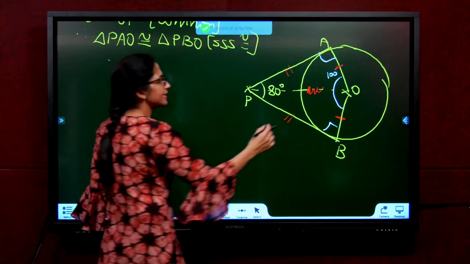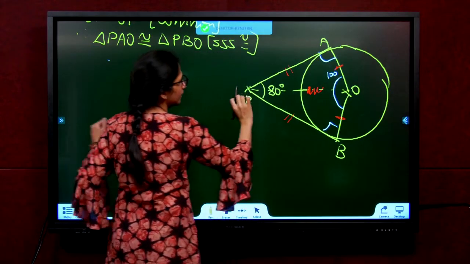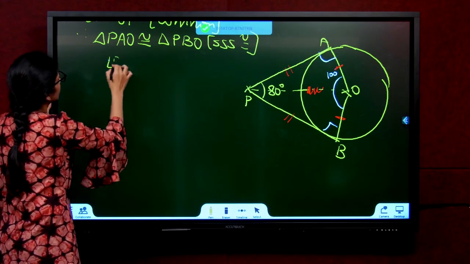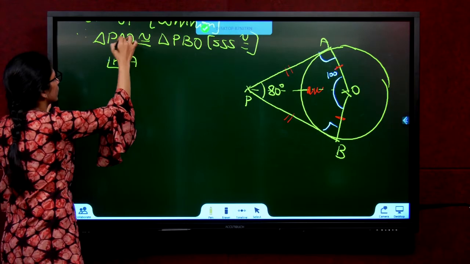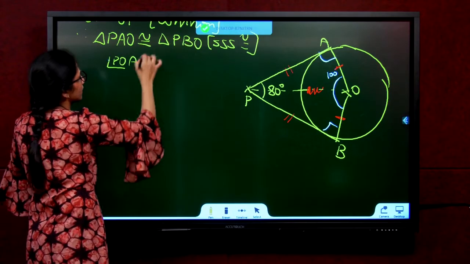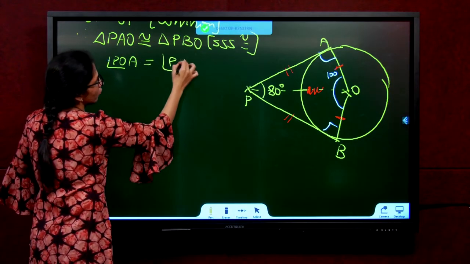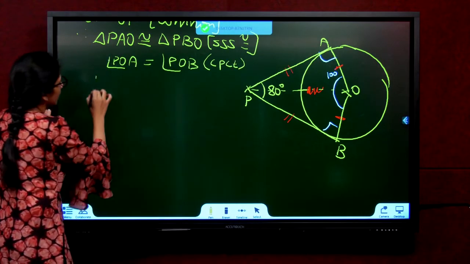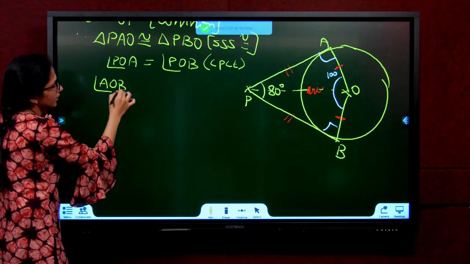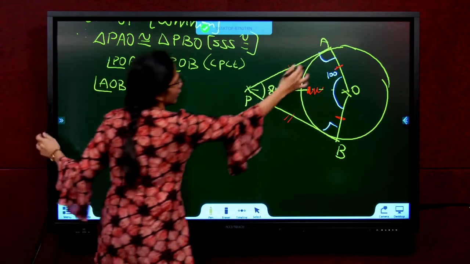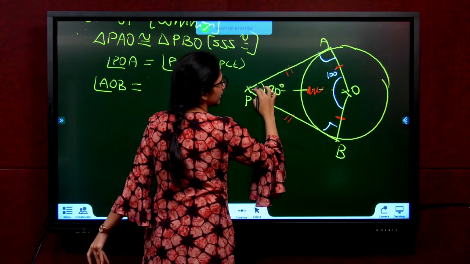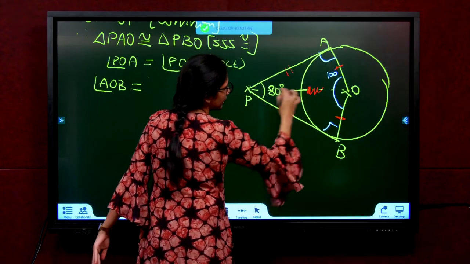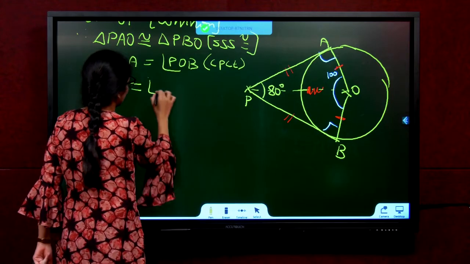So now by CPCT, can I say this angle equals this angle? Angle POA equals angle POB. How? CPCT. Angle AOB is the full angle. Can I write it as AOP plus BOP? Yes?